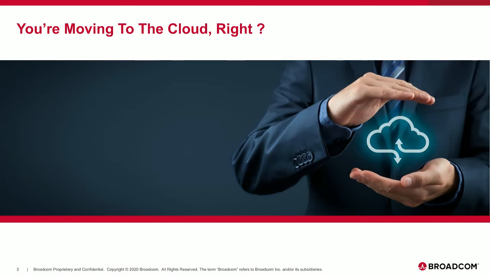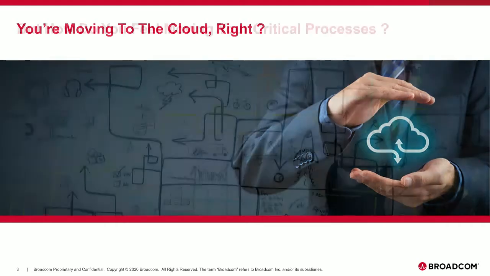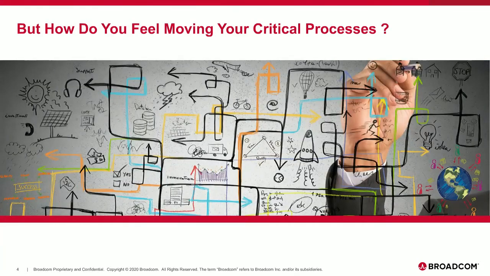So what's really the biggest challenge? Personally, I think that's really moving the critical processes into the cloud and having a certain level of comfort when you do this. So what does it mean really? Do you have visibility into the processes?